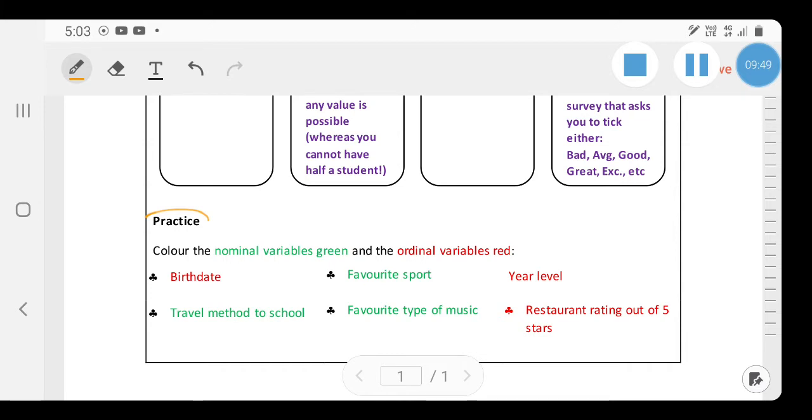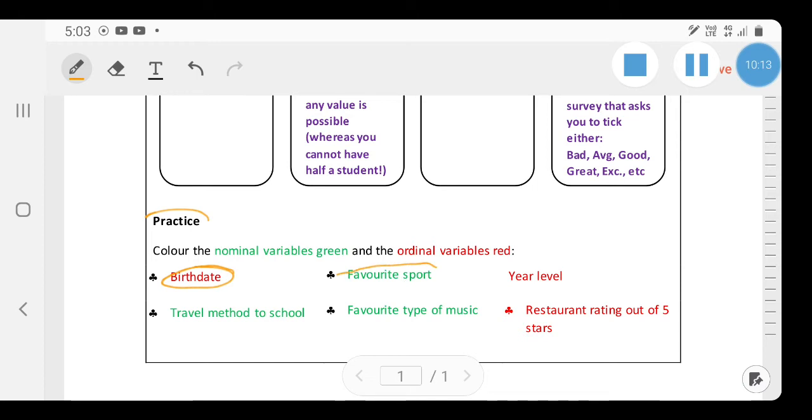All right, so birth date. Well, that's going to be an ordinal variable because although it's categorical, okay, there is an order, isn't there? The 7th of May comes before the 8th of May. So there is an order built into those categories. So birth date is an ordinal variable.